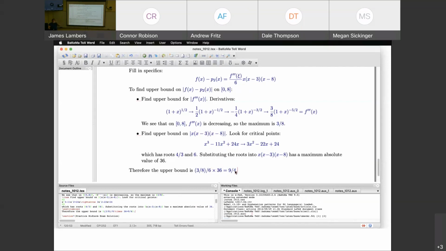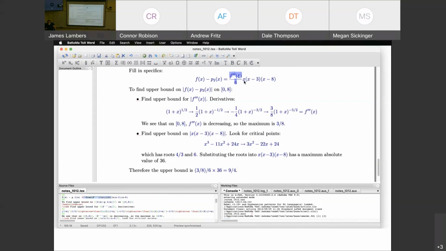Although the true error is probably smaller, it's because we're taking upper bounds of this part and this part separately, and then multiplying them. But because this point is unknown, we can't do anything more than that. Okay, so questions on the error bounding process?